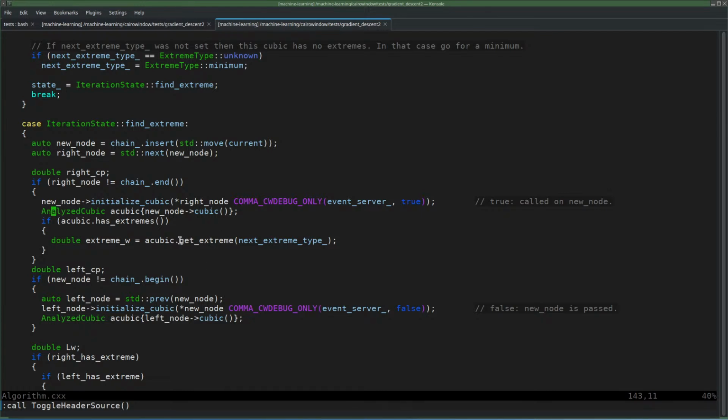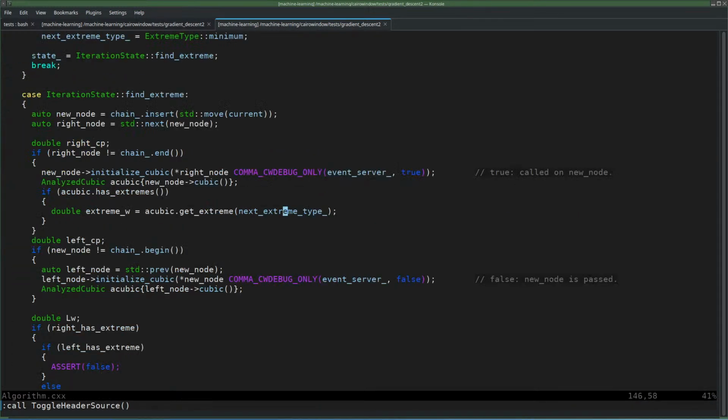Right, then I have to implement this one. Well, obviously this is extreme type.